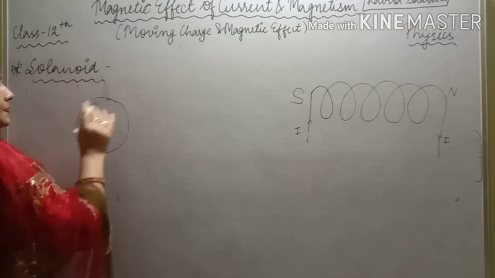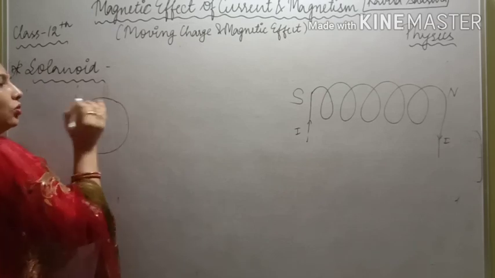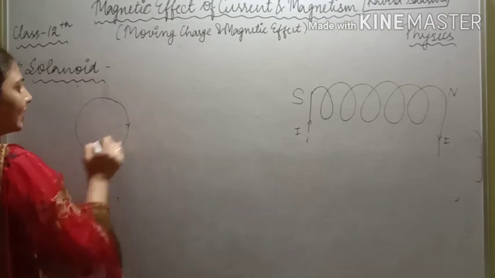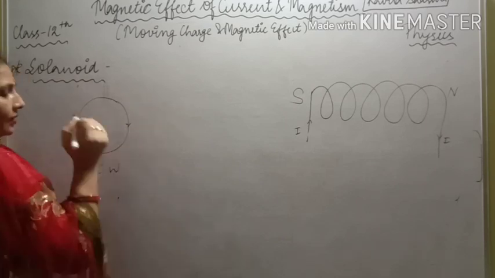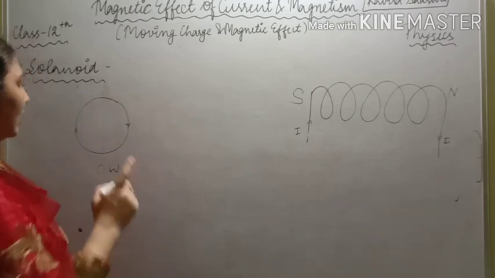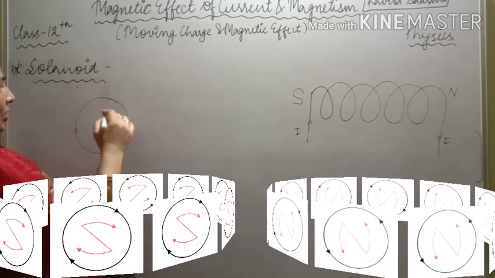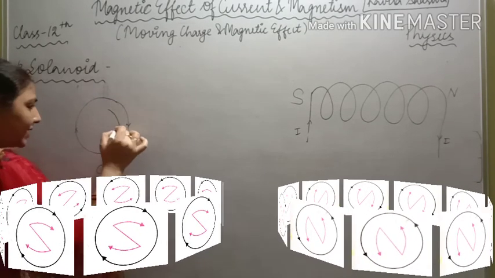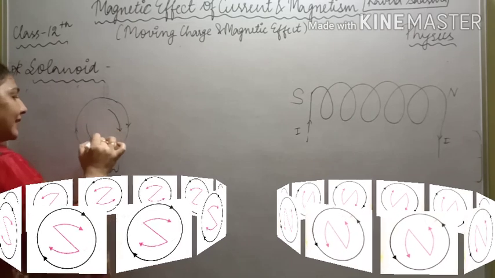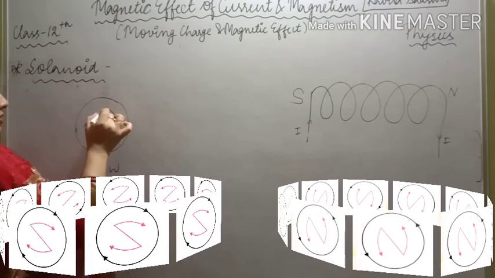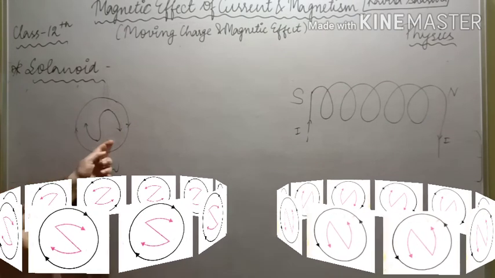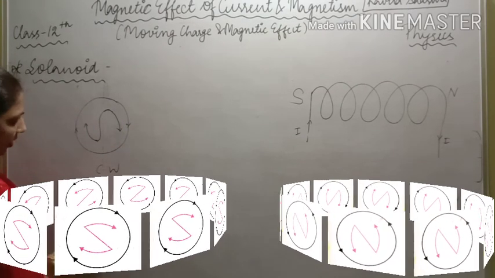suppose this is a circular loop, and in this we have the current flowing in the clockwise direction. Okay, we have the current flowing in the clockwise direction. तो देखिए यहाँ से आपका करंट इस तरह से फ्लो कर रहा है, यहाँ से इस तरह से फ्लो कर रहा है. So you can make this form the south pole.